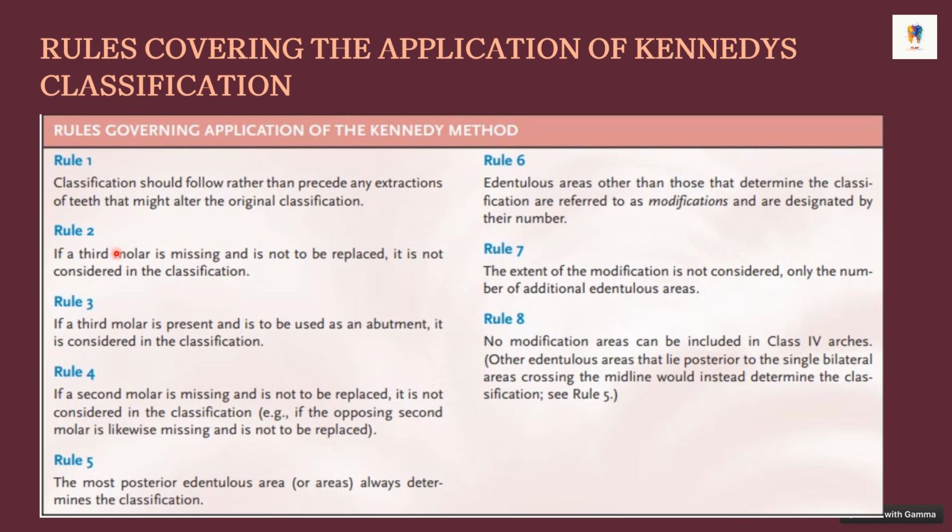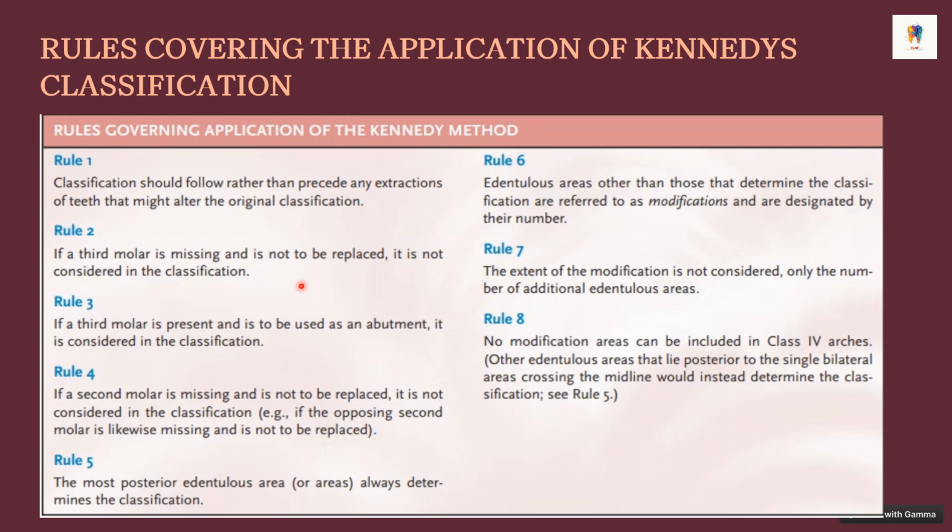Then rule 2 states that if a third molar is missing and it is not to be replaced, it is not considered in the classification area. Simple. In most patients you have third molar impaction, or you don't have third molars in your cavity, so if you don't want to replace that third molar, then that third molar is not considered in your classification.